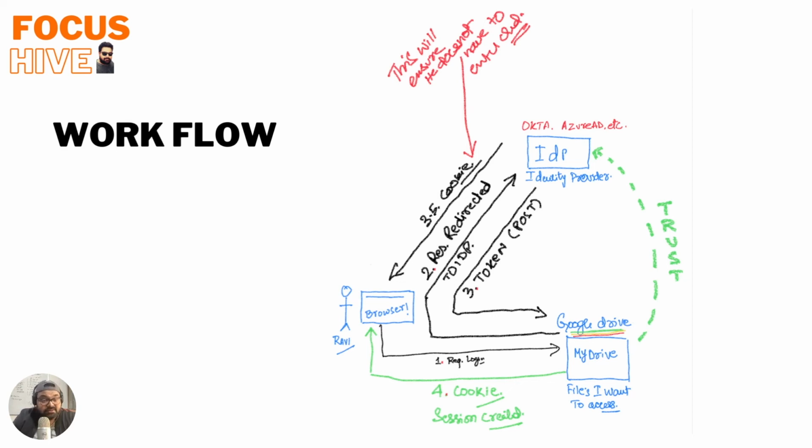Ideally, yes, but it doesn't. Why doesn't it do that? Because now Google Drive has created a cookie with me, which means it has established an authenticated session with me. So now, as long as the session is active, I can access whatever I want because I'm now an authenticated user. I am inside the ballroom.